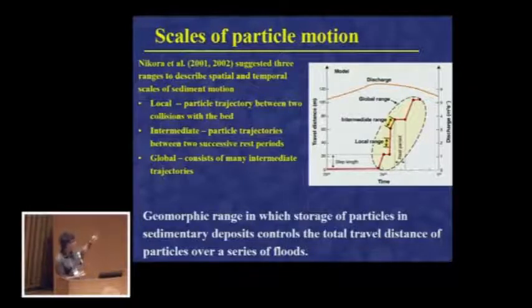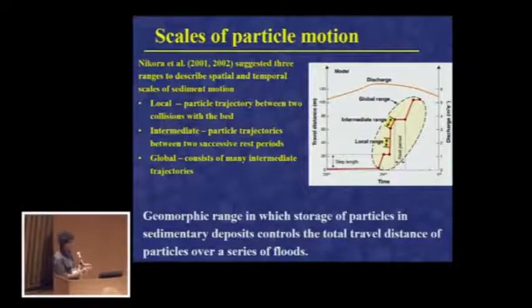It could be a part of the global scale, but it could be on its own as a different scale. And this is the scale where we have a lot of grains that do not participate in the movement. They could be on the surface, they could be underneath the surface, but they do not participate in the movement, although we have the flow competence to mobilize them.